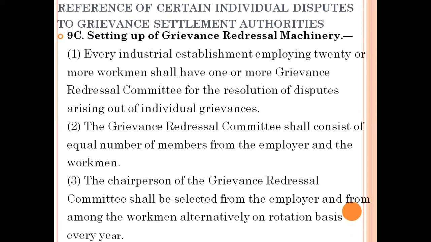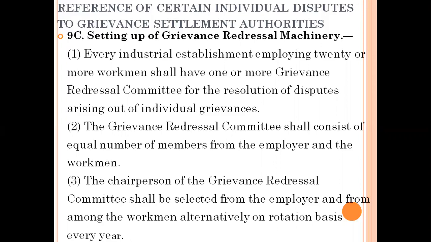So these are the provisions related to the setting up of grievance redressal machinery within an industrial organization. So as per this section 9C, every industrial establishment employing 20 or more workers is required to constitute one or more grievance redressal committee for resolution of the disputes arising out of individual grievance.